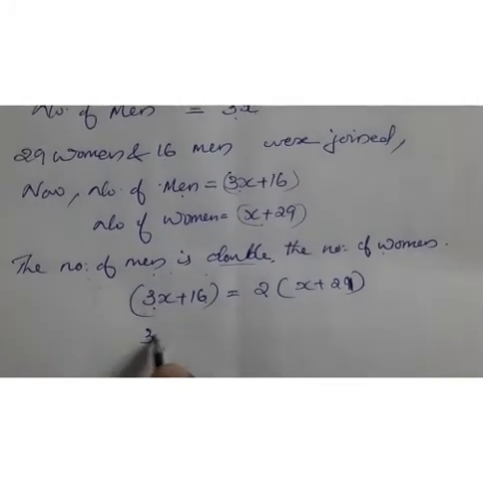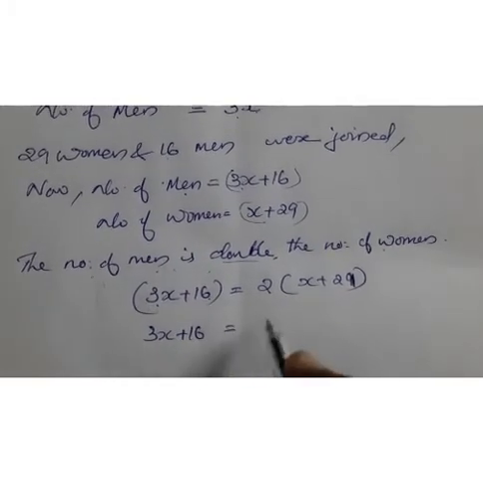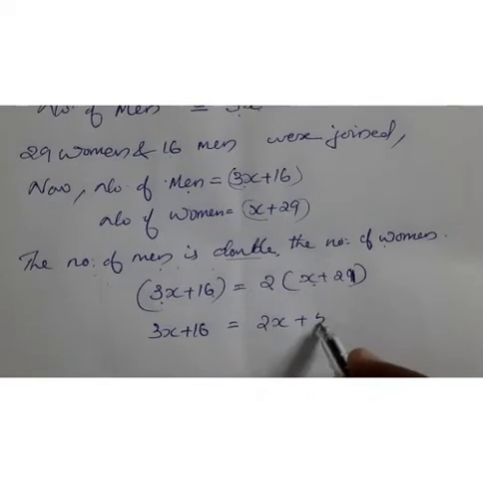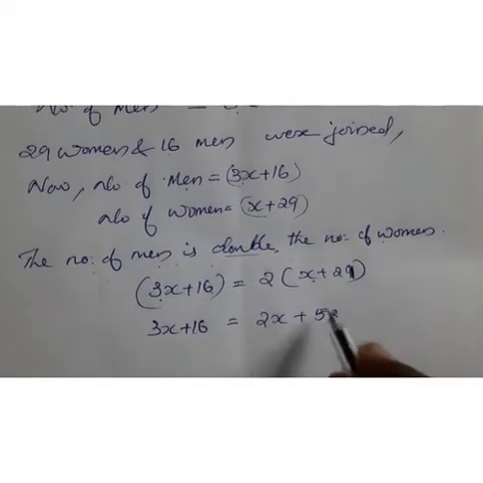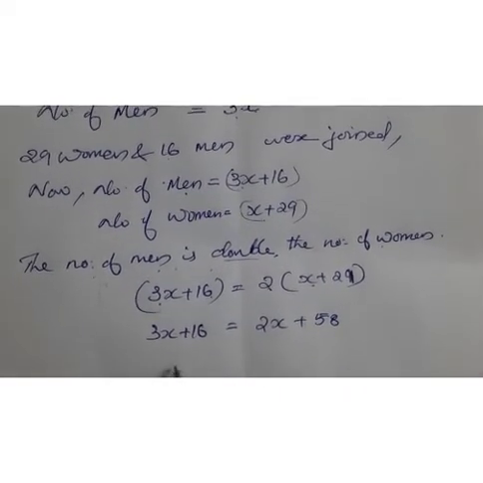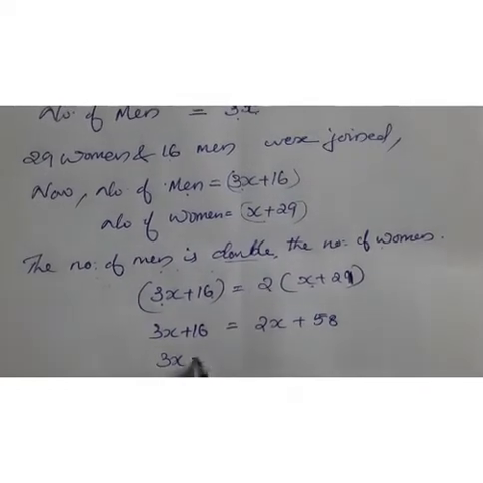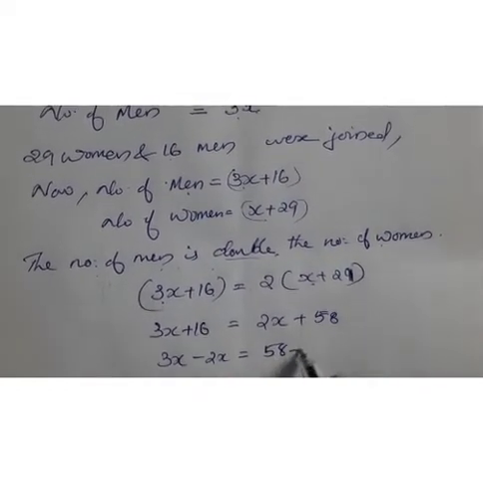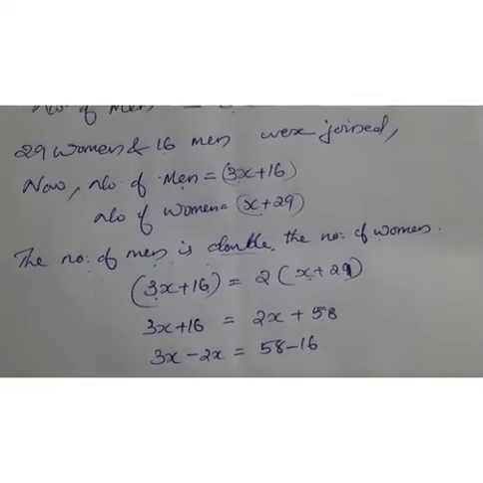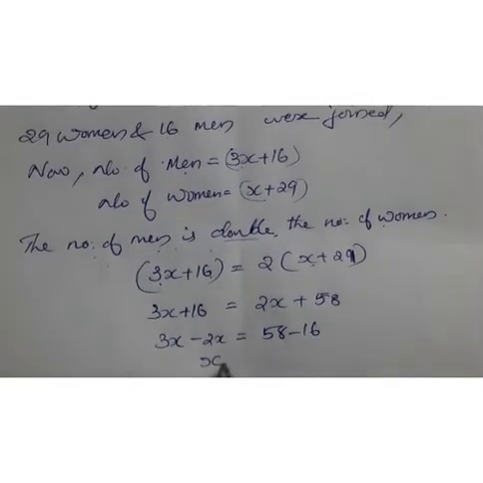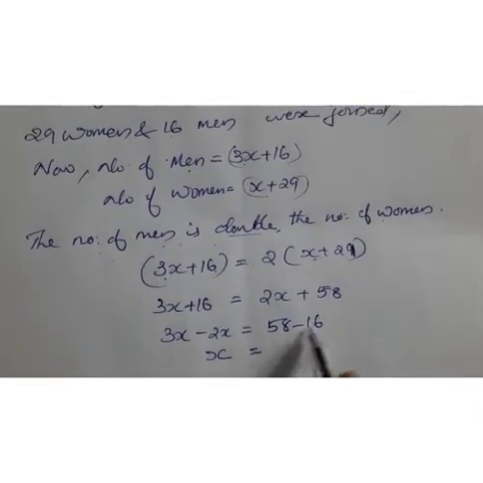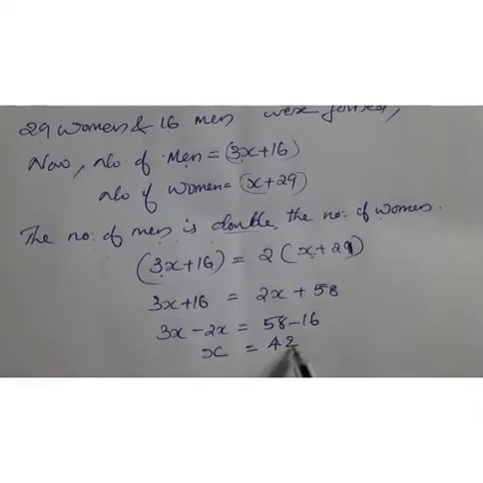So 3x plus 16 equal to 2 into x, 2x plus 2 into 29, 58. Same variables, keep them on one side. So 3x minus 2x is equal to 58 minus 16. 3x minus 2x is x. x equal to how much? 58 minus 16 will get 42.